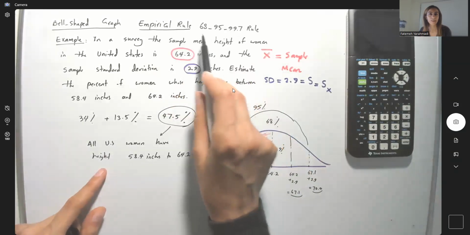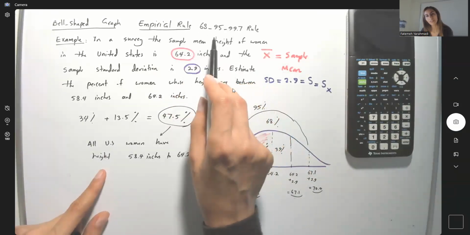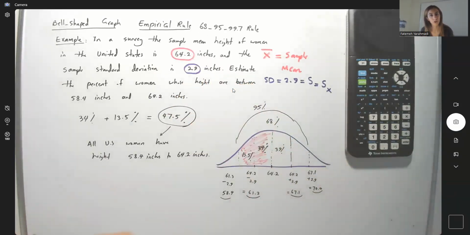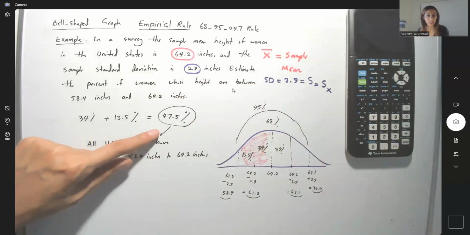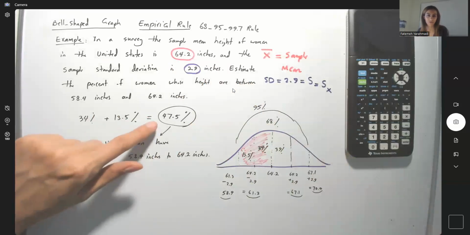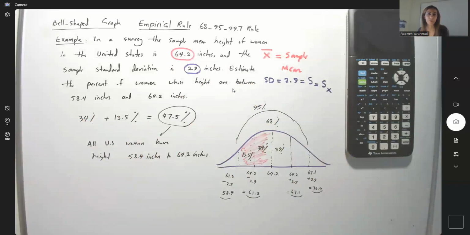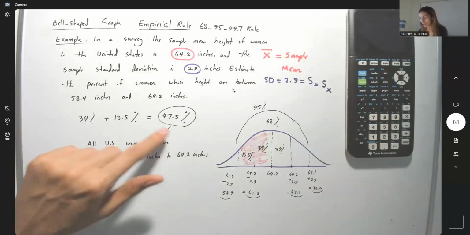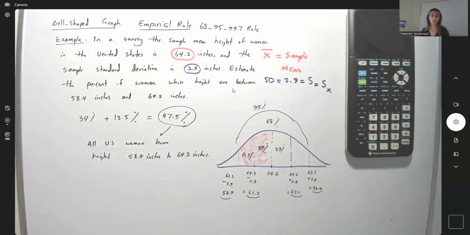These percentages are already established by statisticians, so we're just using this information to get an educated percentage about the heights of women. How many percent of women in the United States have heights between 58.4 inches and 64.2 inches? And as you can see, you have 47.5%.